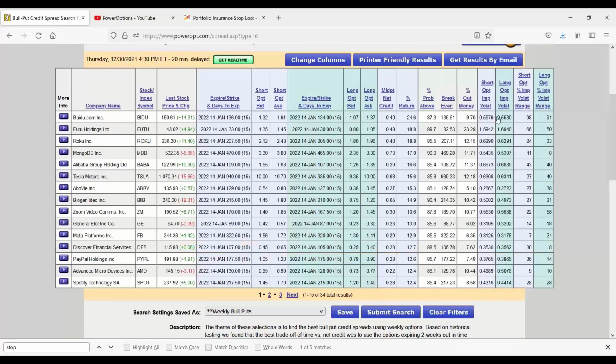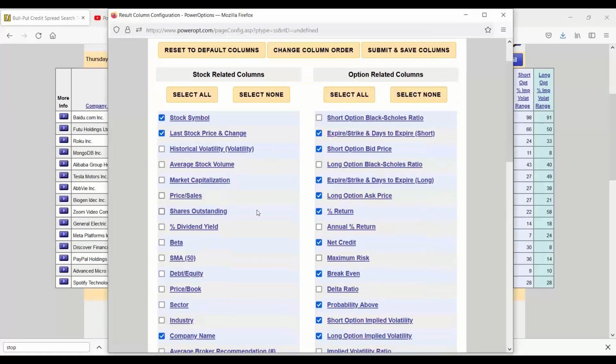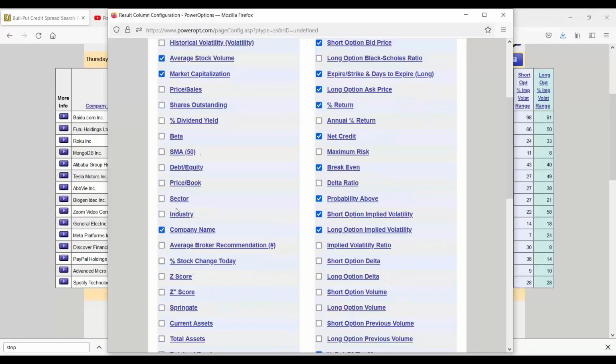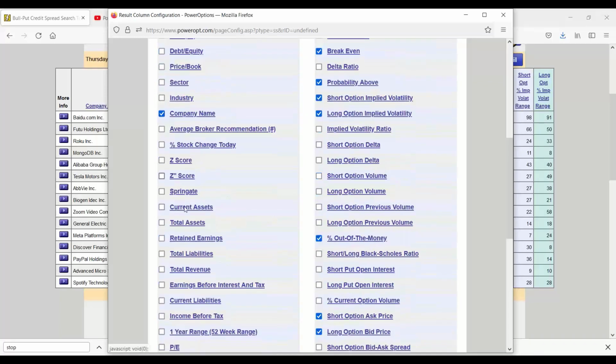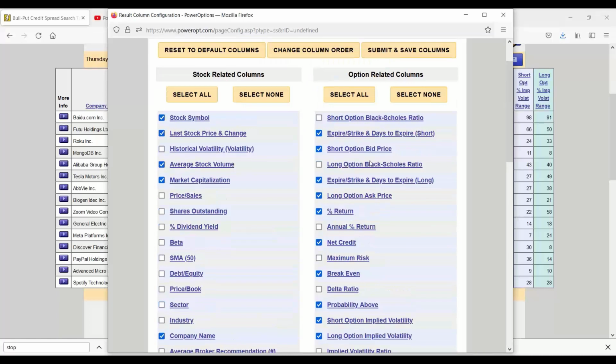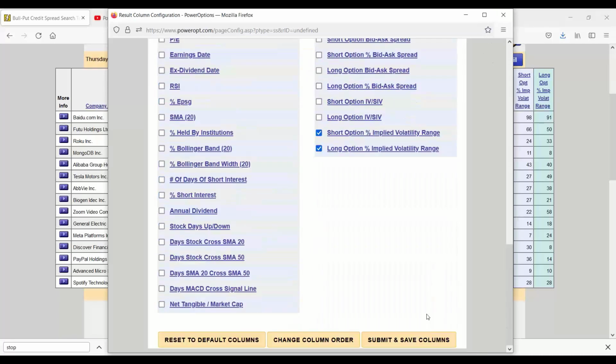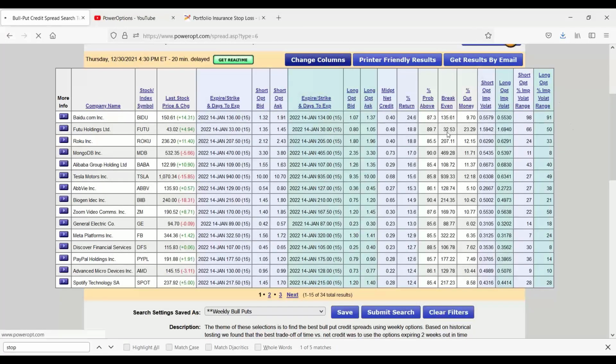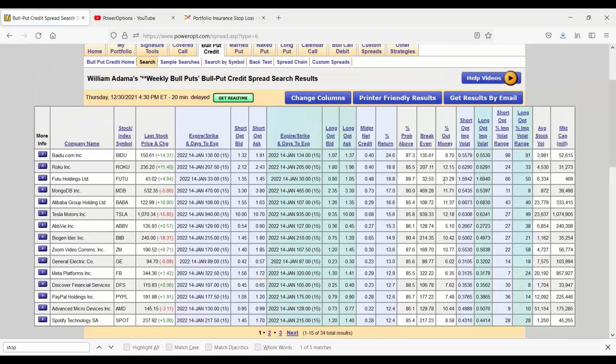And as always, you can select to view any of the columns that you want. So Pavol, once you nail down what's most important to you, whether it's the average stock volume, the market cap, earnings per share growth, as I had mentioned, or any of the stock data or option data, you're just going to add that into your column view and customize your columns the way that you want here on your search, and then it'll be set for you.